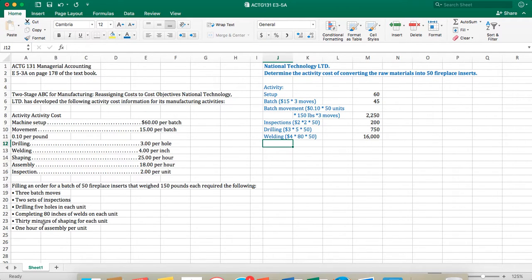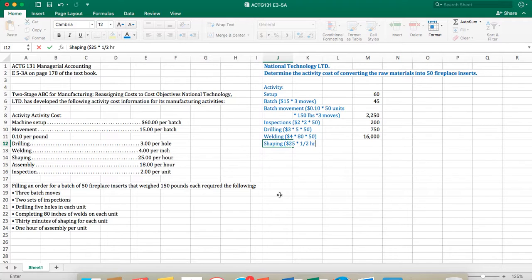Then we have our shaping. So here it says 30 minutes of shaping for each unit, and our shaping is $25 per hour. So here we go, shaping. How do we calculate it? Well, let's take that $25, multiply that by 1/2 of an hour. So I'm going to put that here.